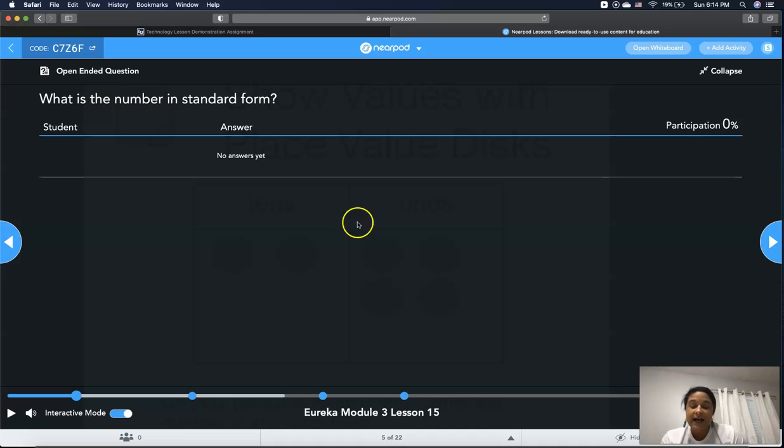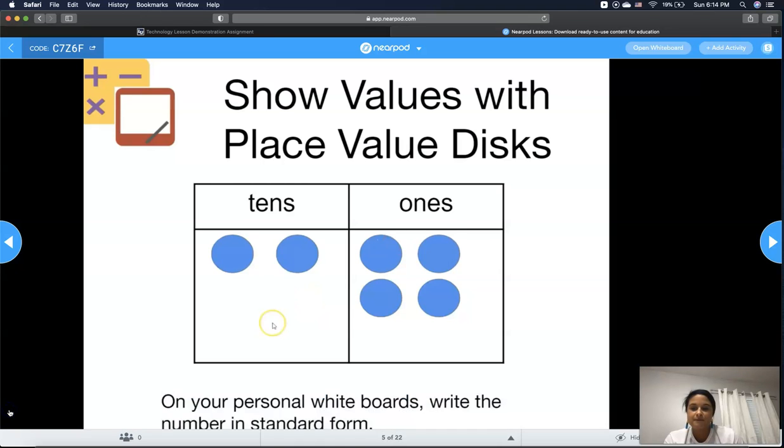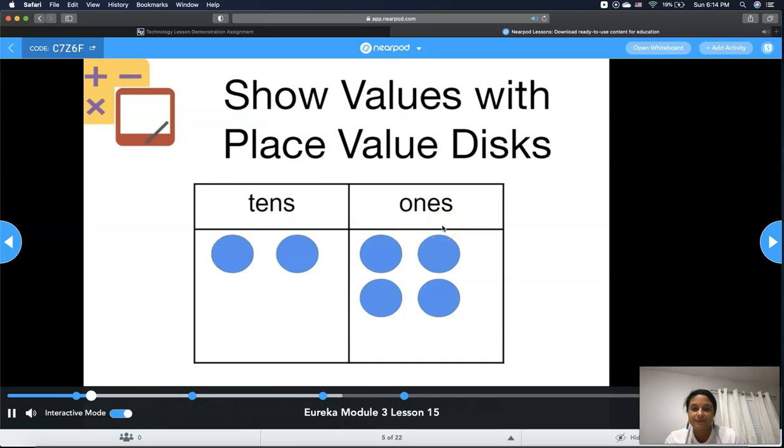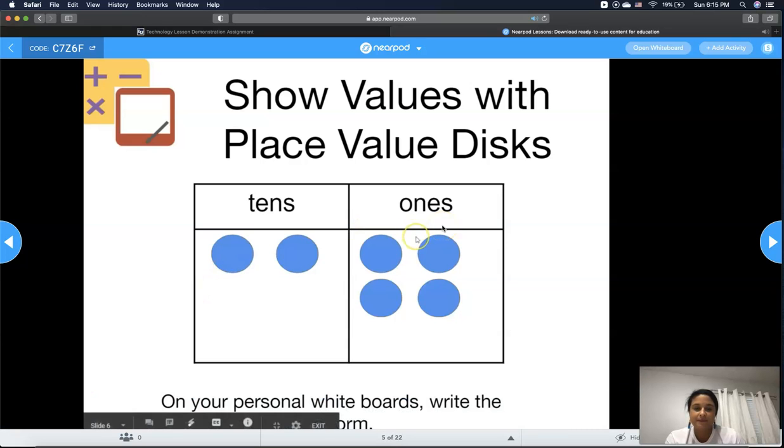Using your device, write what that answer is in standard form based off what you saw on the place value chart. You have 2 10s and 4 1s, so you should have written the number 24.